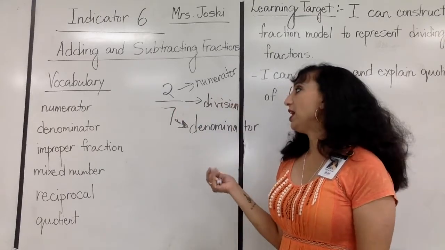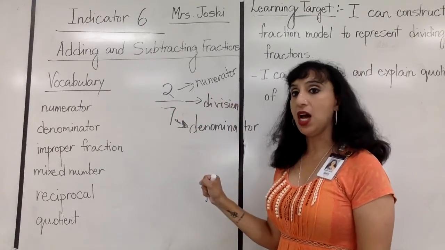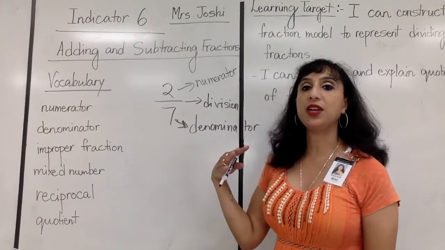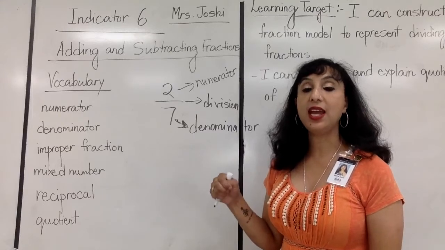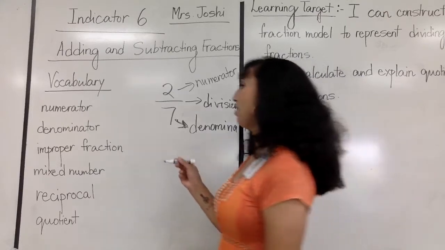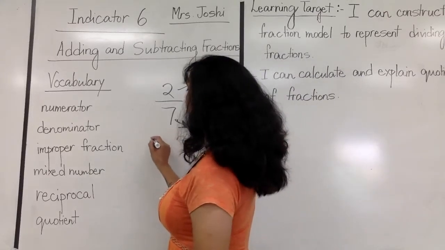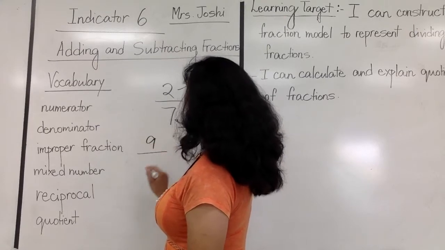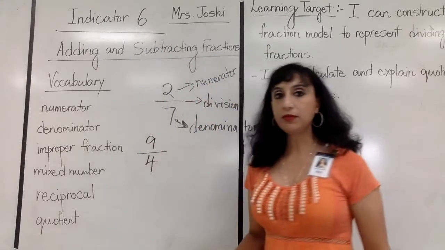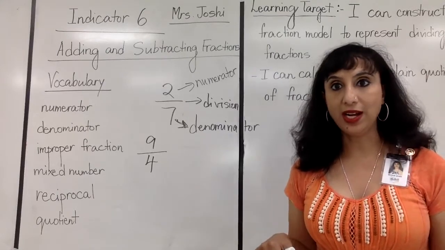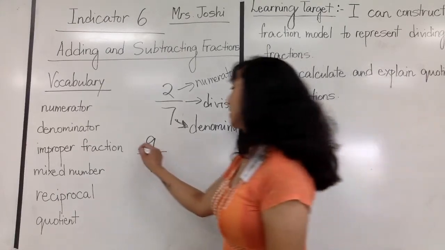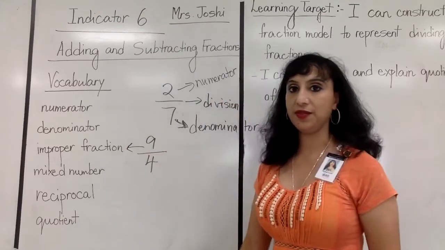But if it is flipped, or if my numerator becomes bigger than my denominator, then it is an improper fraction. So if I write 9/4, you can see that my numerator is greater than my denominator, so therefore this is an improper fraction.